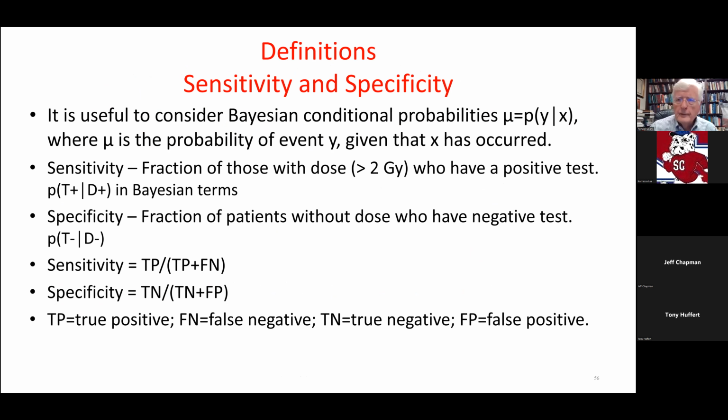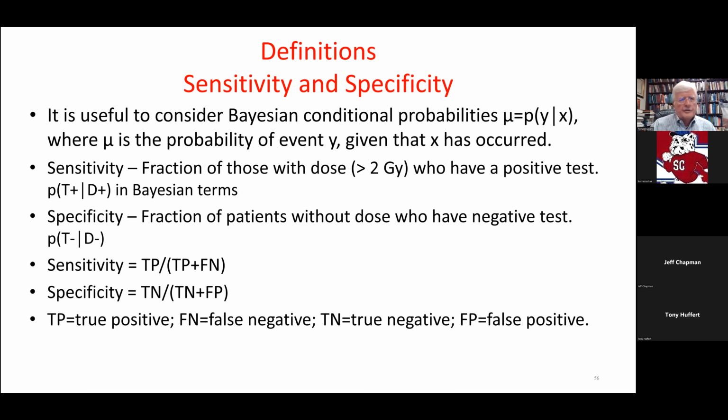So this is the probability that Y happens given that X has happened. Okay, so the probability that something happens given that you've had 2 gray or more, it's the probability of Y given X, so it's a conditional.